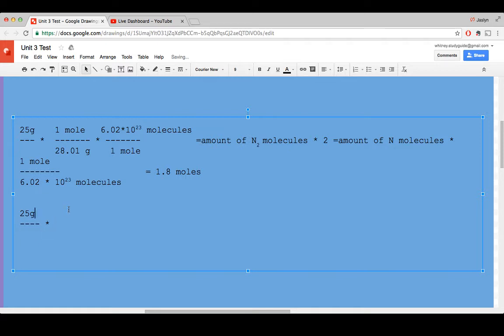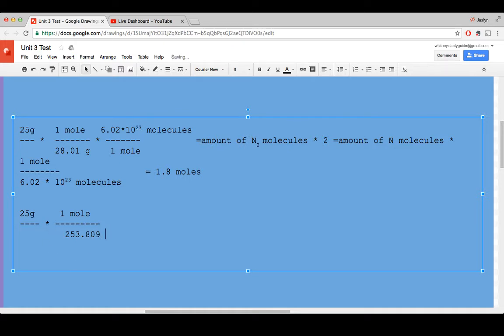And then, you know 1 mole is the molar mass of I2. Molar mass of I2 is about 253 point.